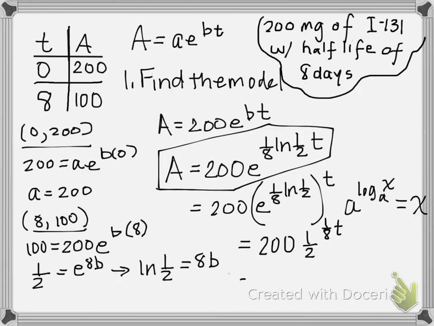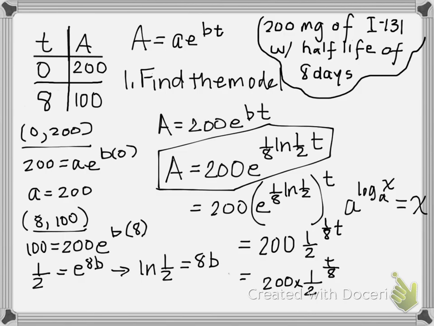And more likely, I would say that this is 200 times 1/2 to the t over 8. All right? So that would be the first question that I would ask about this.